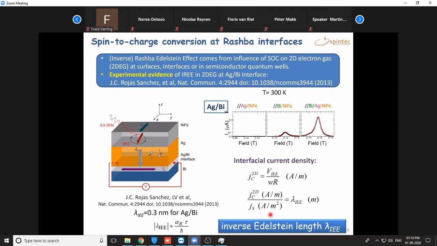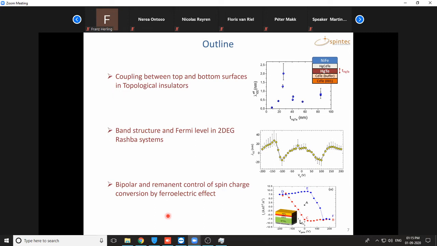In the case of silver bismuth, this length is around 0.3 nanometer. This length is related to two important parameters: the Rashba coupling strength, but also the relaxation time. So if we can play with both parameters, we might be able to increase the inverse Edelstein length. So this is the outline of my talk.